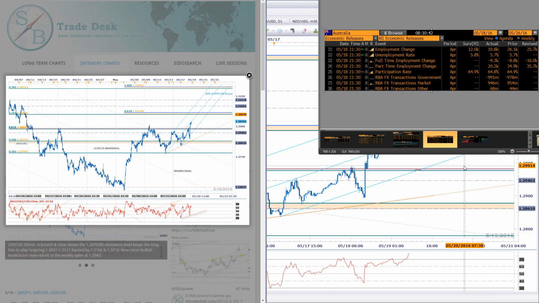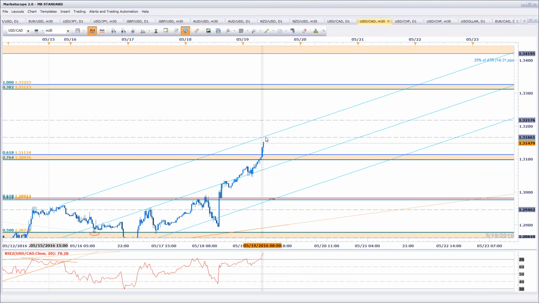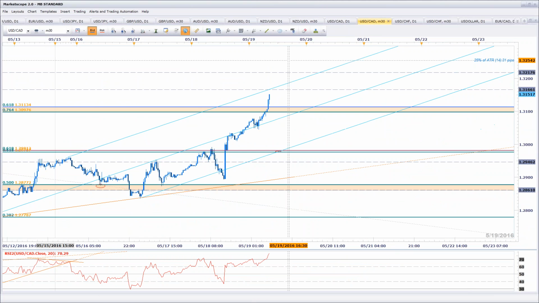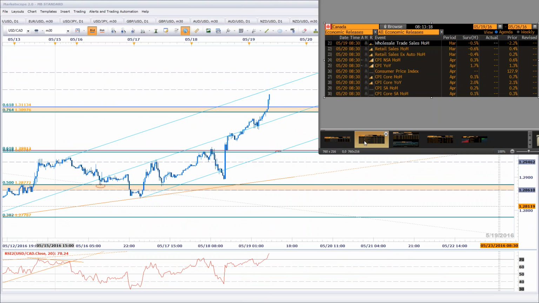A quick heads up: if you think the dollar CAD volatility is done for the week, take a step back real quick, because tomorrow you do have some double whammy data. You have the employment figures coming out, the retail sales figures, as well as the inflation picture. Inflation is expected to soften a tad.